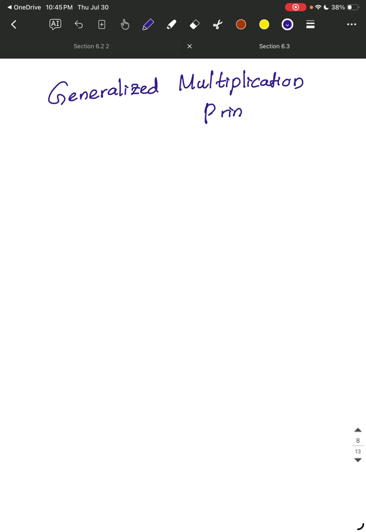The multiplication principle is not limited to 2 tasks. Suppose a process has several stages.